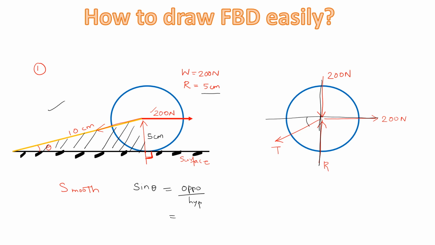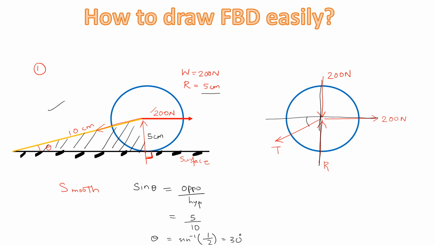So sine theta equals the opposite side, which is 5 centimeter, over the hypotenuse, which is 10 centimeter. So theta is sine inverse of 1 by 2, which gives a value of 30 degree. So theta is 30 degree.